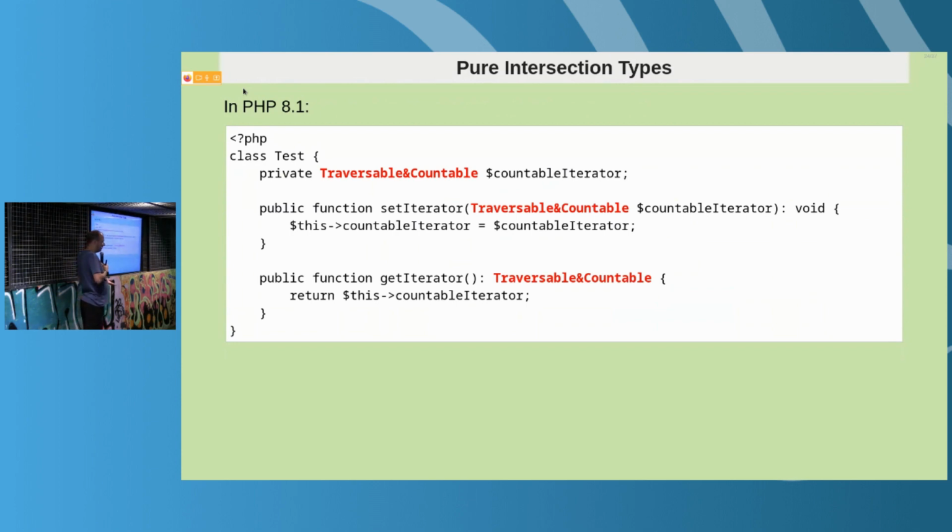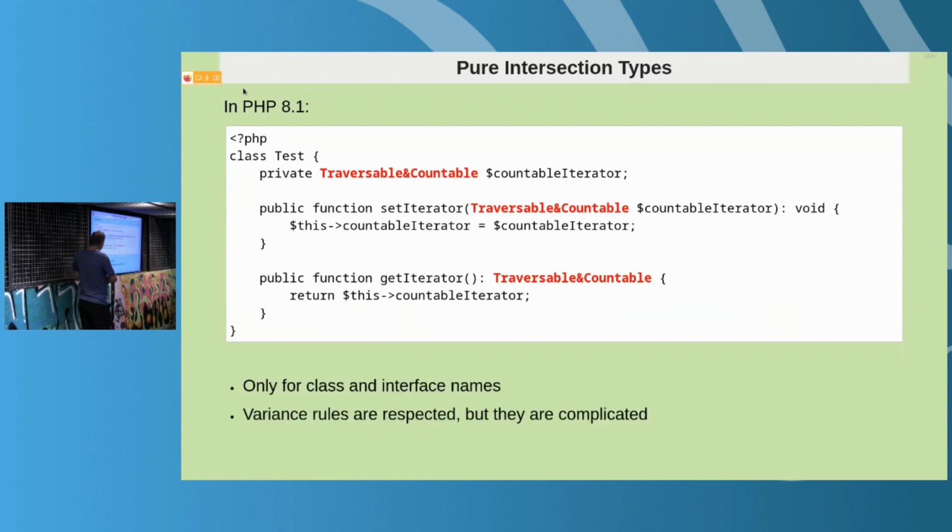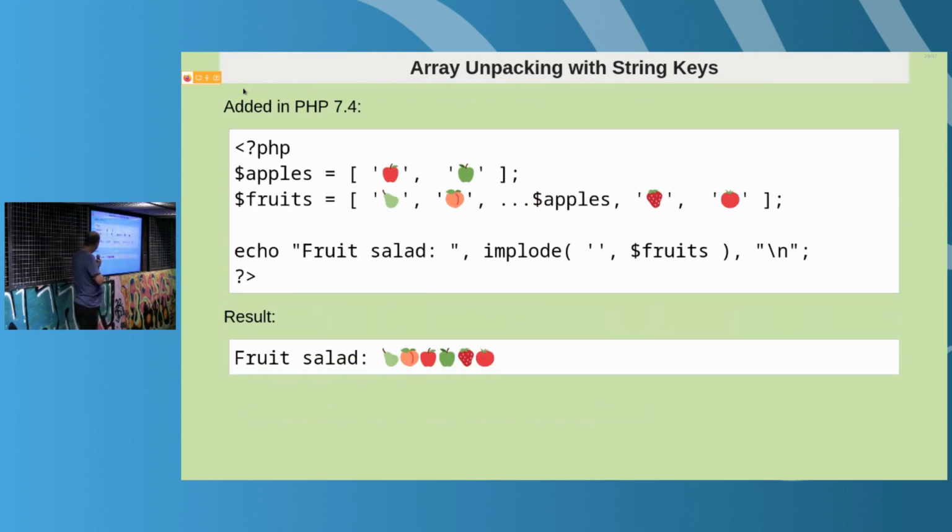But it works for interfaces and classes and abstract classes and maybe even traits, but I've never tried that. I think this is kind of useful, mostly for traversable and countable, or where you also see this sometimes when you do tests. No, actually, I can't think of another example here now.